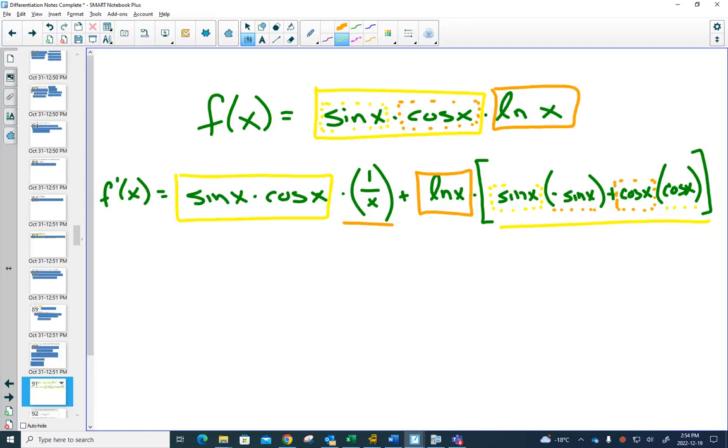And this is the right answer for more than one multiplication. We've kept the rule the same, just within the rule, we hit the rule again. Does that make sense? While I kept this one the same, multiplied by the derivative of this one, then I kept this one the same, and when I needed to do the derivative of the yellow one, it was like another product rule. So I just had to do it again.